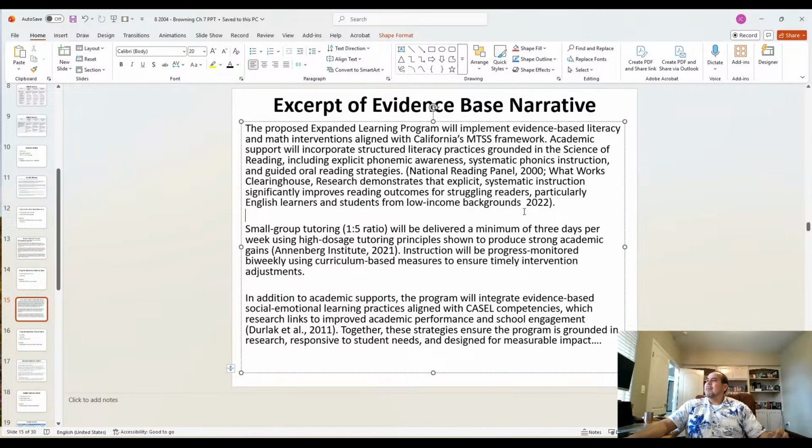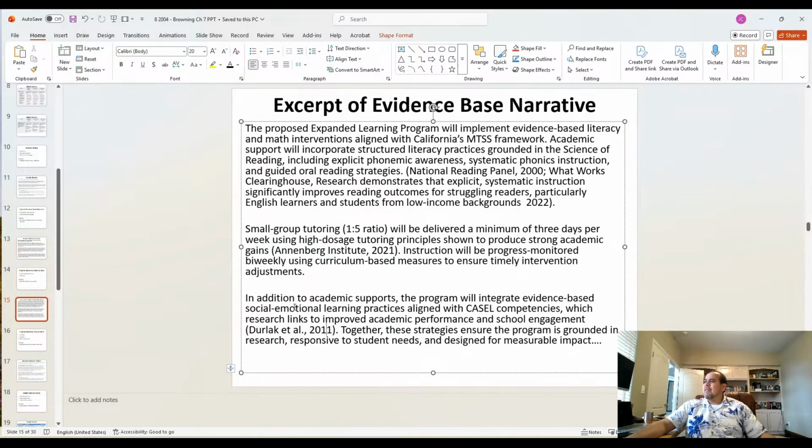Okay. All right. Small group tutoring, one-on-one ratio, will be delivered a minimum of 3 days per week using high dosage tutoring principles shown to produce strong academic gains. Okay, there's the Annenberg Institute. There's a citation. We'll eventually have our references, right? More evidence right here, right?